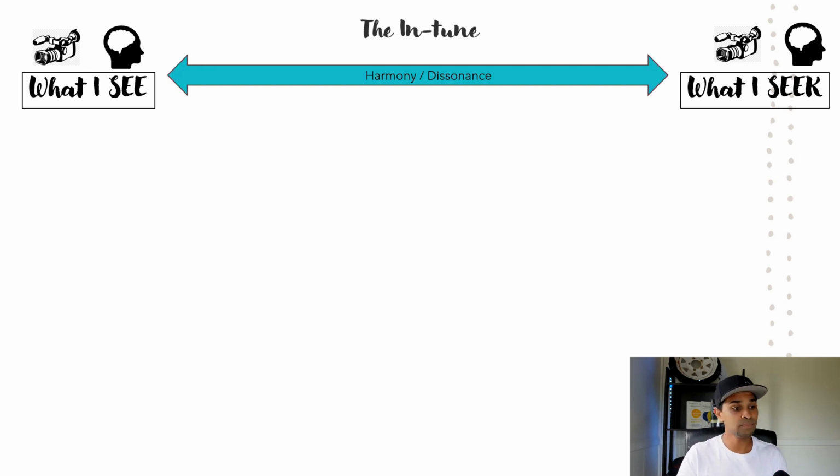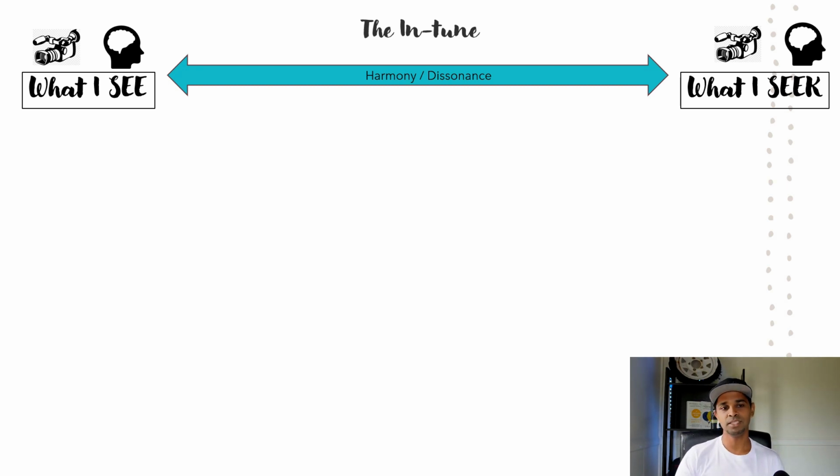Now we're not in the musical sphere, we're in the psychological sphere. What I see and what I seek can be in harmony or dissonance. What is what I see? What I see can be one of two things. If you remember in the ACT matrix, this is taken straight from there, there is the vertical line.